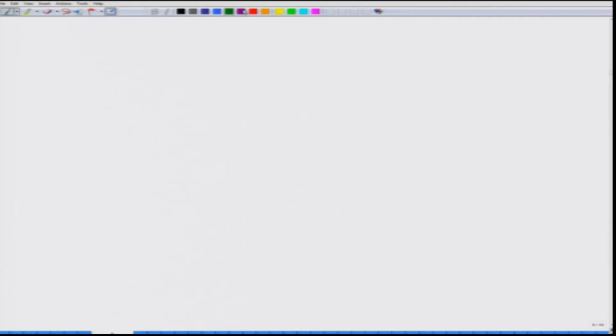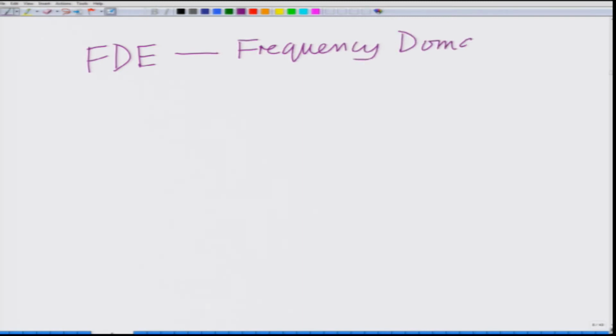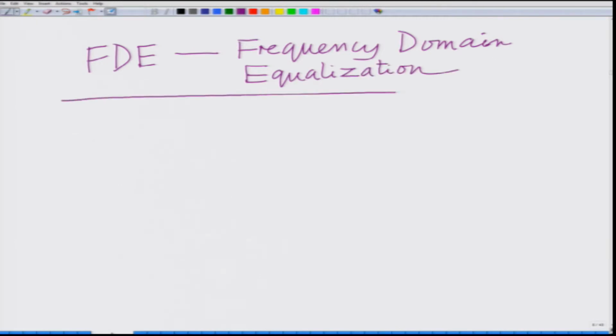Okay. So, we are looking at an example for FDE, that is frequency domain equalization.